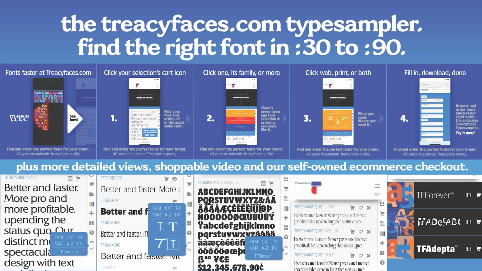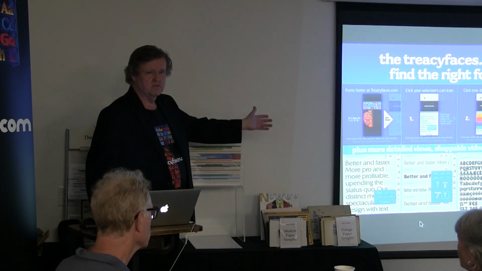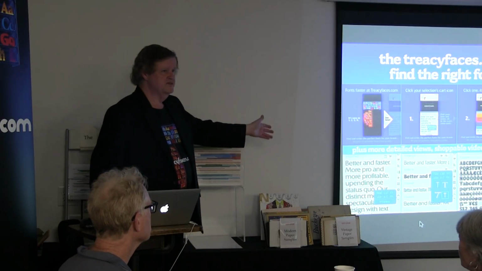And so I designed what I think is the very first and fastest way to get through at least our collection of 500 faces of families and variations and see them in a wide variety of different ways. And not only does it have a very simple and straightforward selection and licensing or buying path, but it also has ways that you can spend more time to get more reassurance about whether or not these are the right typefaces for your project.